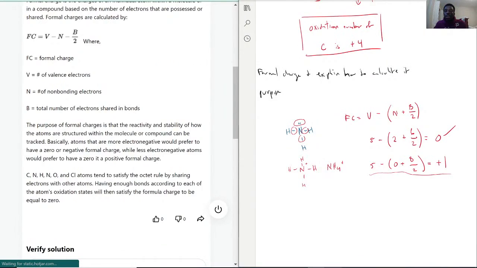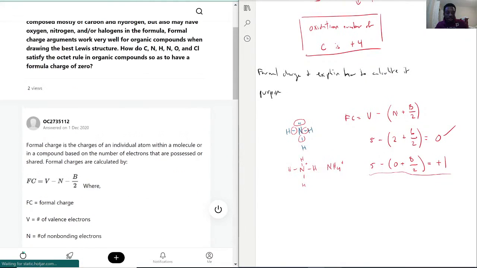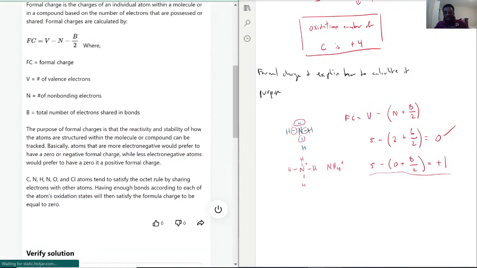Exactly, and the last thing they address is carbon, nitrogen, hydrogen, oxygen, and chlorine. They satisfy the octet rule by sharing electrons with other atoms, in specific ways of sharing.